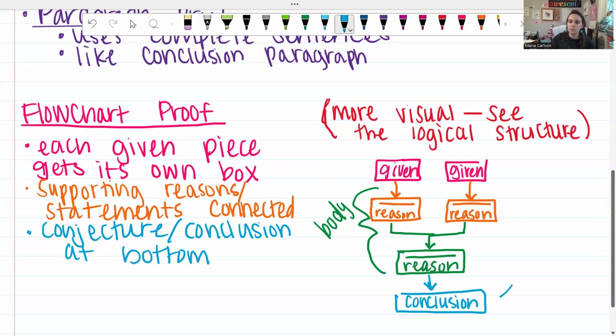And this is what we were trying to prove. So maybe I'm going to say instead the goal of the proof. This conclusion was the goal of the proof. I love this structure because you can really see what's happening, but you could always take what's happening and write it using words and sentences.